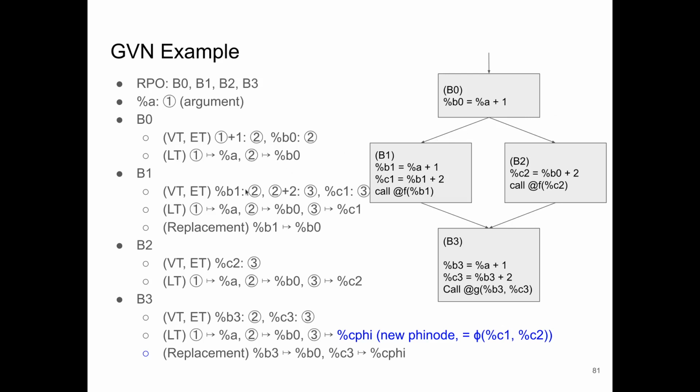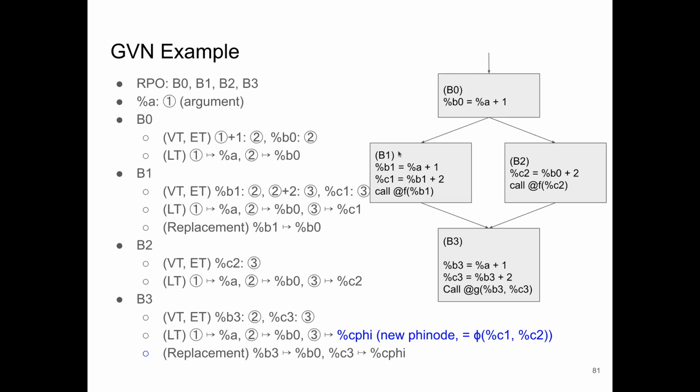On the other hand, 1 also has the leader value A, which means that at this point of time, the values with number 1 can be replaced with ampersand A, because ampersand A should dominate everything else.